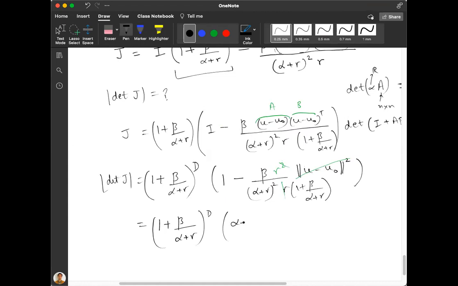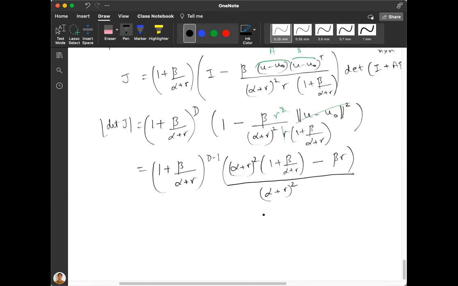This becomes alpha plus R whole square times 1 plus beta upon alpha plus R minus beta R, and divided by this whole thing, alpha plus R whole square times 1 plus beta. So this becomes minus 1, right?